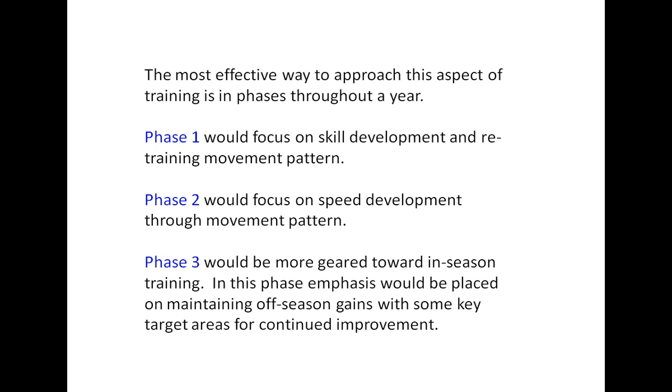So let me just kind of start to summarize here and finish up. The most effective way to approach this aspect of training is in phases. So what we've looked at is somewhat behavioral and somewhat motor learning.